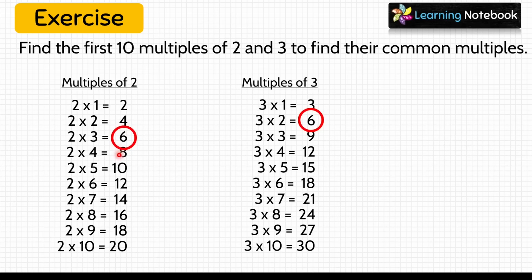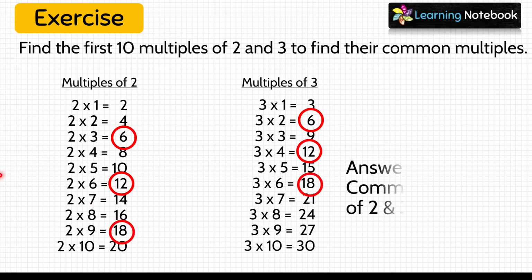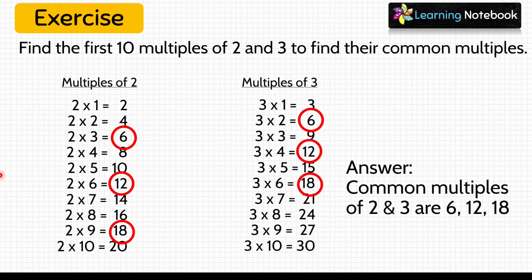Then let's check further. Now we can see 12. 12 is another common multiple of 2 and 3. Let's check further. We can see 18. 18 is also a common multiple of 2 and 3. So let's write the answer. Common multiples of 2 and 3 are 6, 12 and 18.